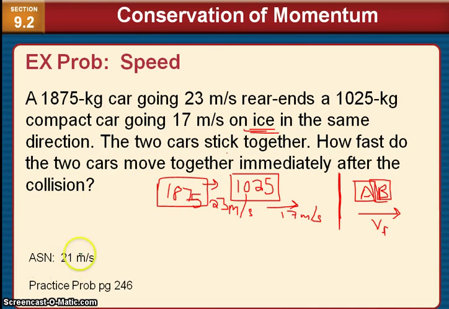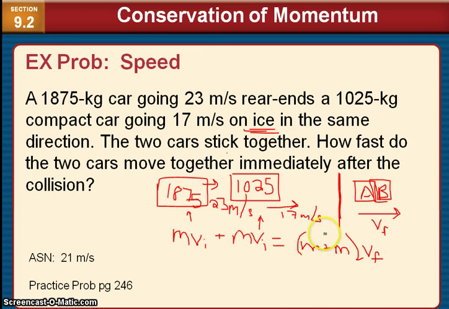Okay, so I would have my momentum is mv, so m v initial of A, this first one, plus m v initial of B is going to equal m of A plus m of B times my v final.